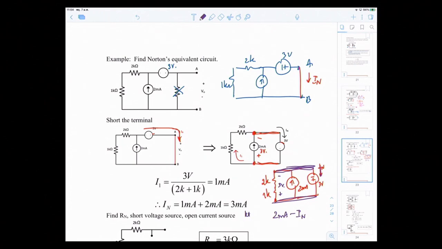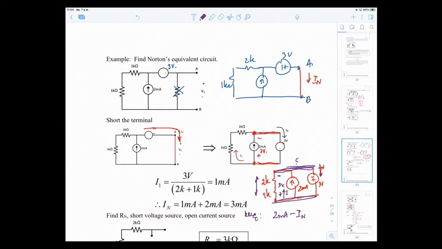KCL, let's call this node C, at C. And then there's a current on this branch right here, but the positive and negative is in this direction. So according to Ohm's law, my current should enter the positive like this.